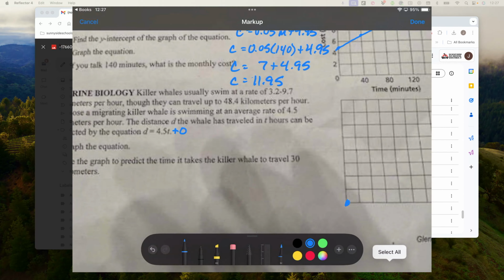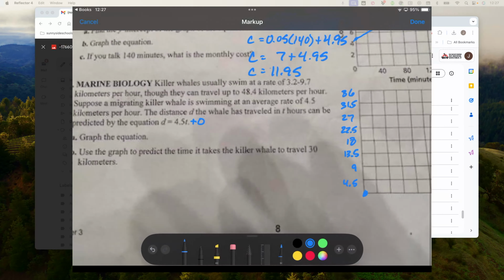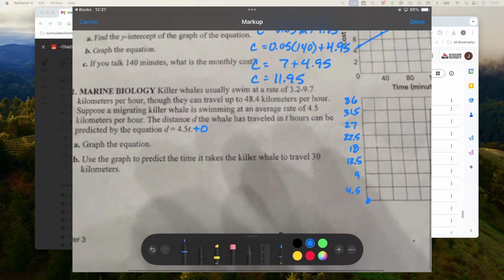And again, this has decimals. It's ridiculous. So I could go up this and go 4.5, 9, 13.5, 18, 22.5, 27, 31.5, 36, and then across the bottom, we would just be doing each hour.